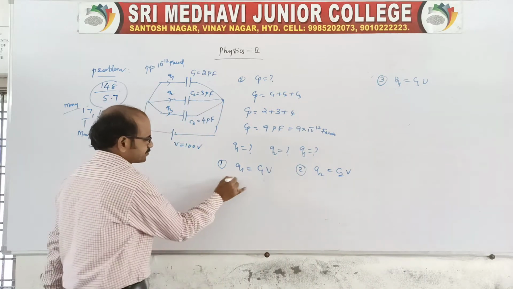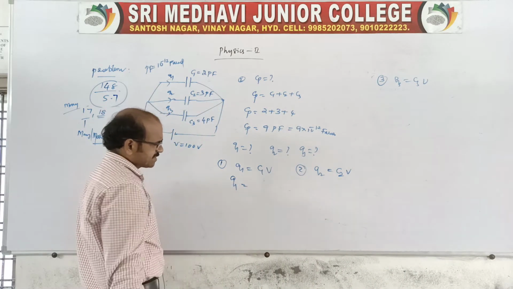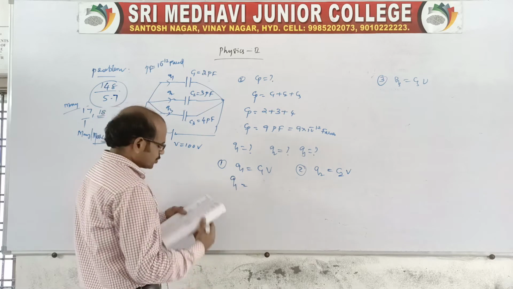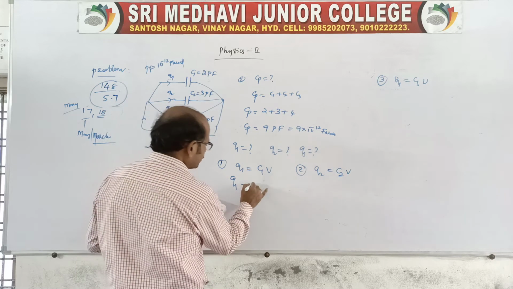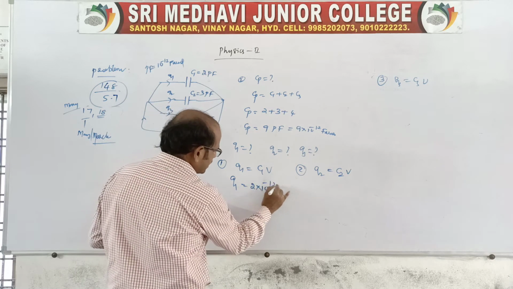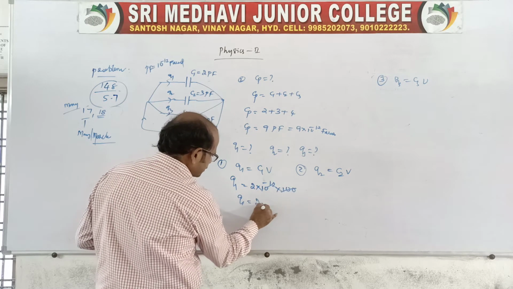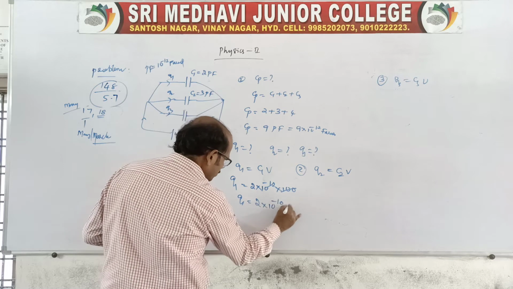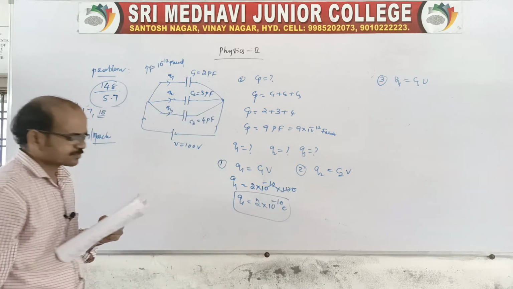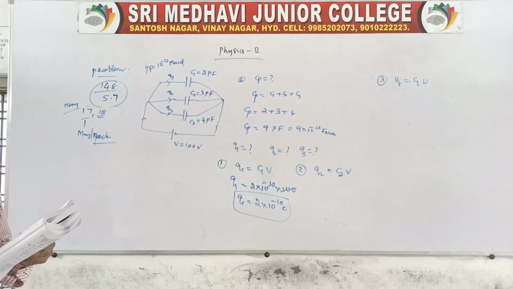So here you write Q1. What is C1 given? 2 pF, no? So you write 2 into 10 power minus 12 into the supply of 100 volt. So you cancel this. Q1 is equal to 2 into 10 power minus 10 coulombs. Right?